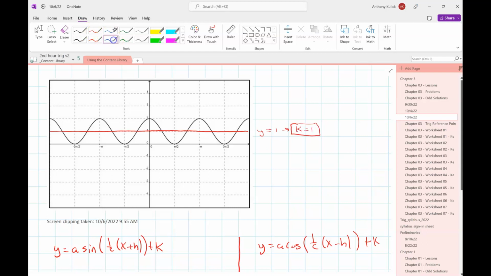Okay. What's the next thing we look for? Amplitude. What's the amplitude in this case? Well, it's the distance from an extrema to the midline. Yeah, that amplitude is 1. So that tells me the A is 1 or negative 1.